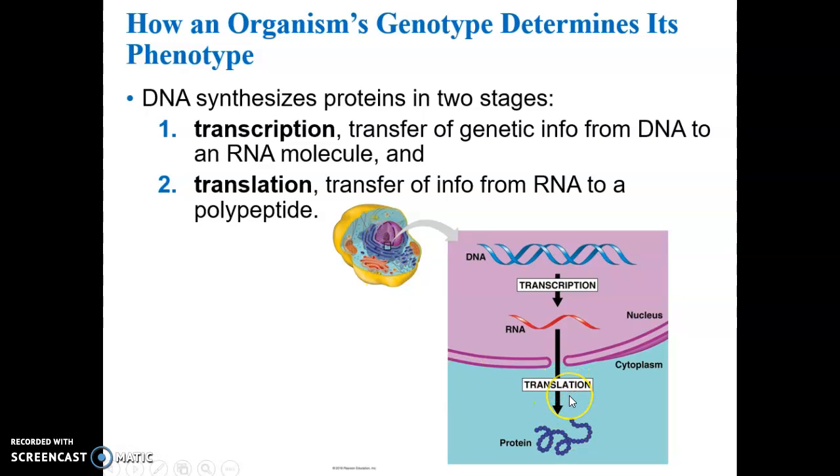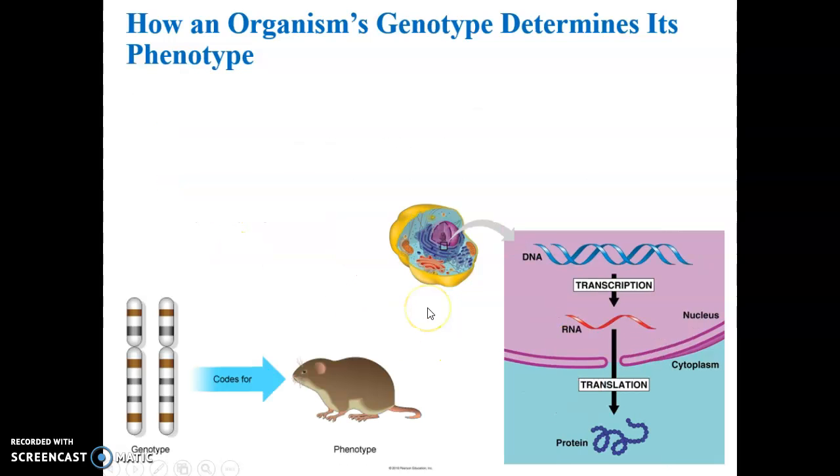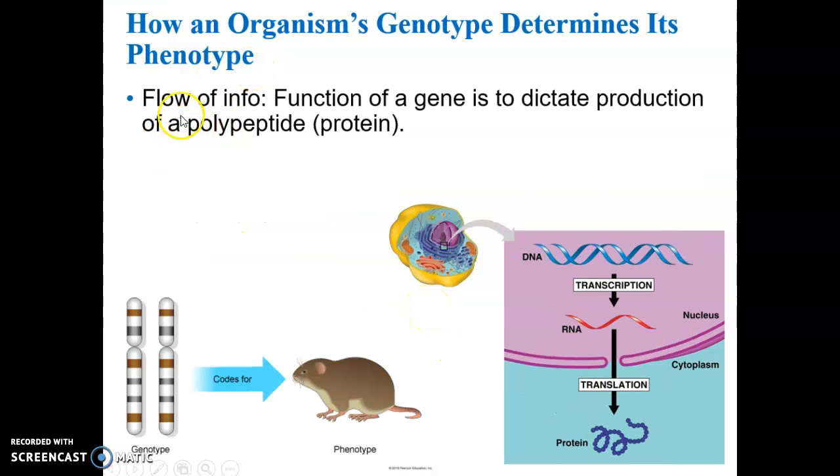And then the translation stage is where that genetic information on the RNA or mRNA molecule gets converted into the physical product, the polypeptide that will become a protein. So we'll look at these two steps, transcription and translation. Okay? So this is the flow of genetic information. The function of a gene or allele is to dictate the production of a polypeptide that will become a protein.